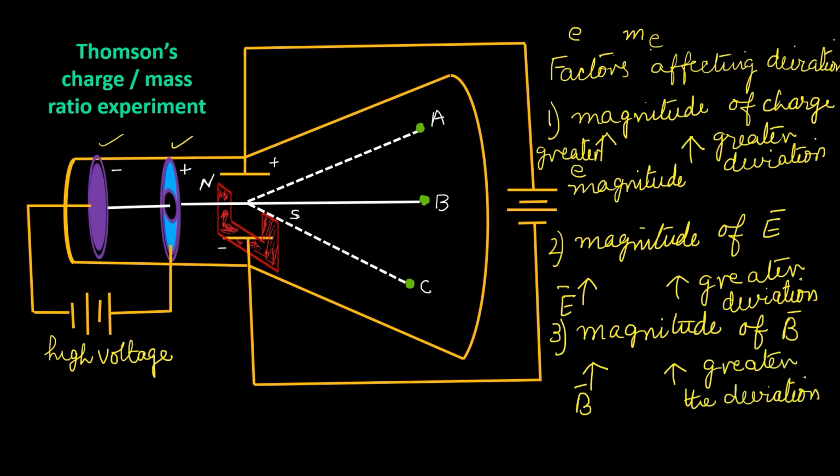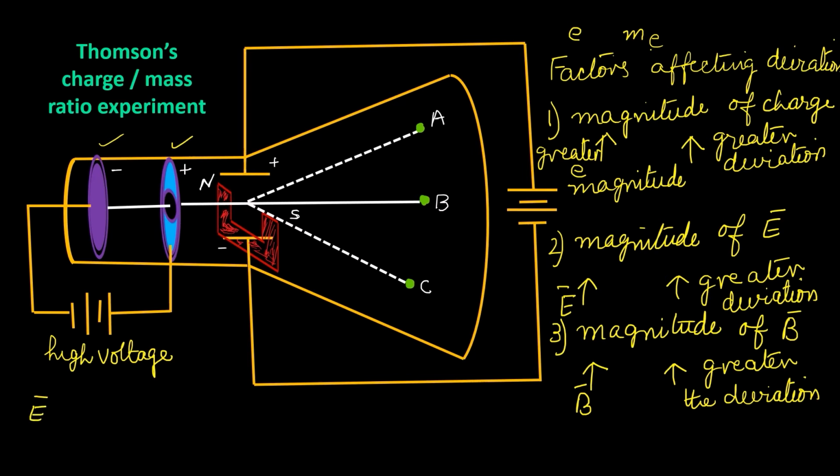He repeated the experiment by providing electric field and magnetic field simultaneously, and when the values of electric field and magnetic field were balanced, he found that the cathode rays passed straight and hit the tube at B as if there was no external magnetic or electric field. From this he understood that when these two fields were adjusted, their effects could be nullified.